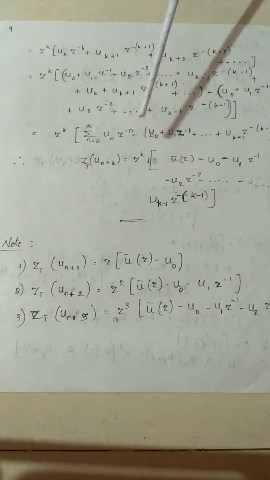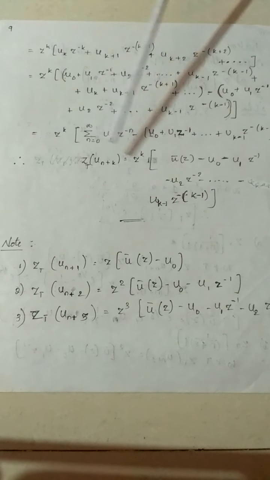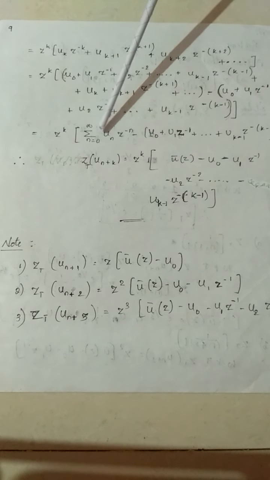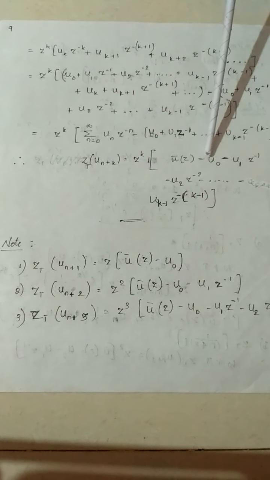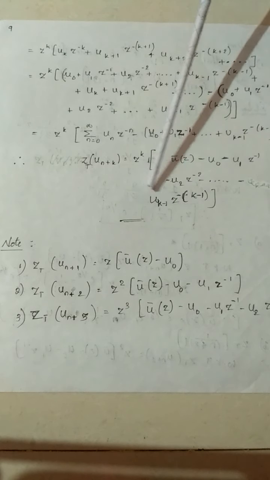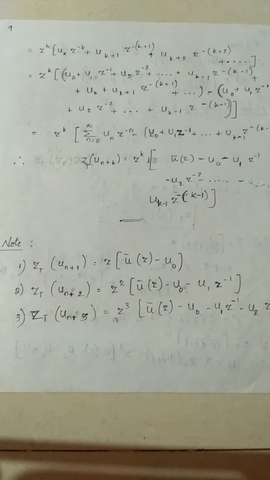So now this is equal to z raised to k as it is. This full thing, that is summation n is equal to 0 to infinity u n z raised to minus n, is nothing but u bar z, and this is minus u naught minus u1 z raised to minus 1 minus u2 z raised to minus 2 and so on up to u k minus 1 z raised to minus of k minus 1. Now this is the proof.